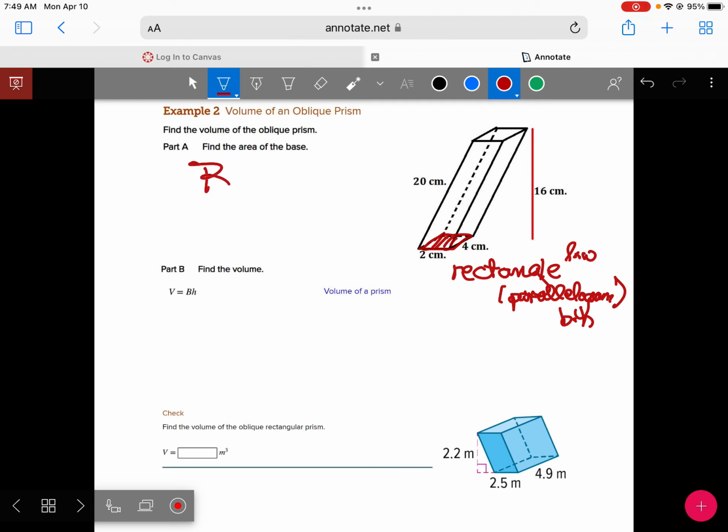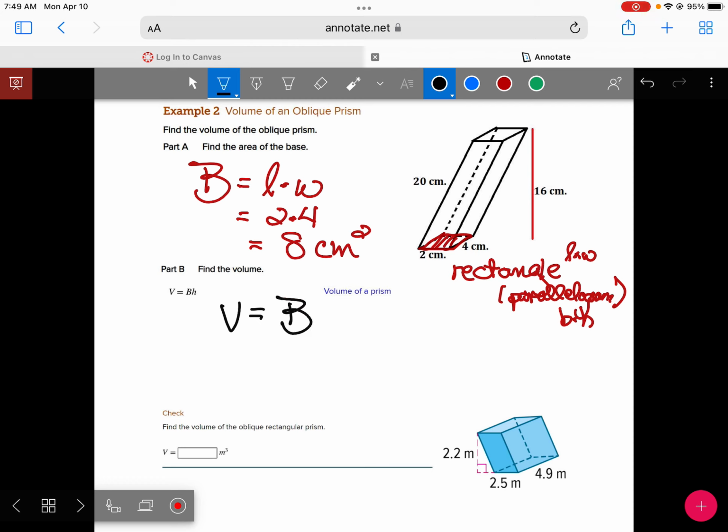Okay, so the area of the base, which is a rectangle or parallelogram, is going to be length times your width. So that is essentially 2 times 4, which is 8 centimeters squared. Because you're talking about area right there. The volume then, volume is equal to the area of that base times its height.